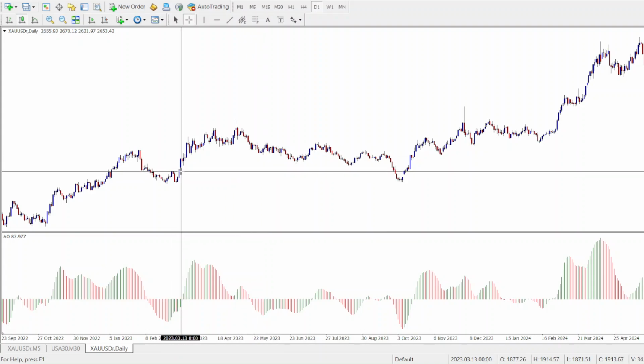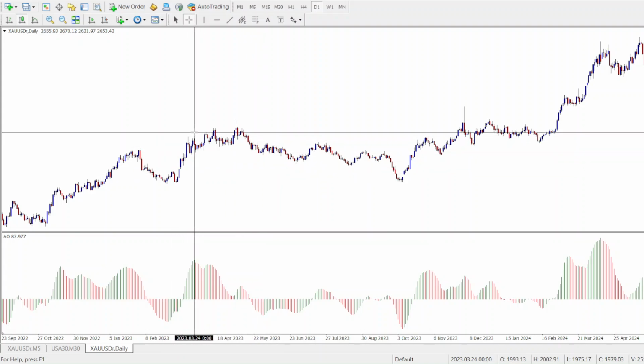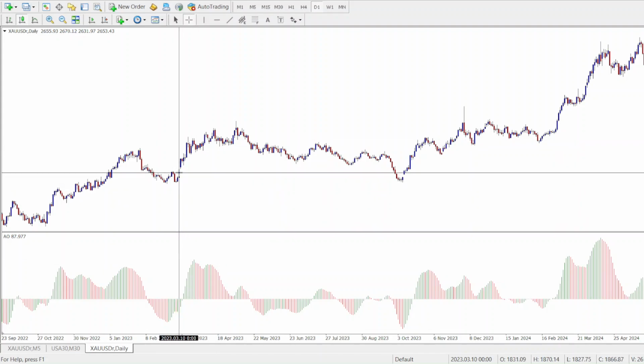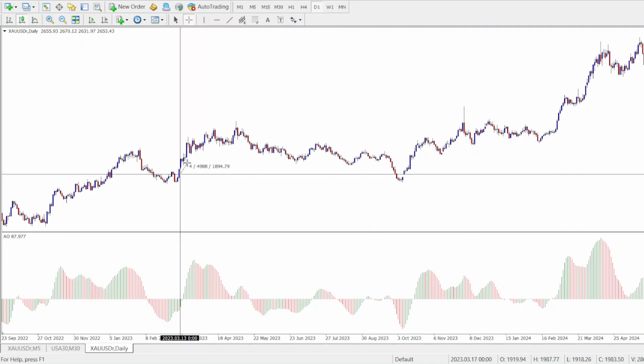So had we entered a buy trade here and exited around here after the formation of this red line, we would have caught somewhere around 1600 pips. Yes, somewhere around 1600 pips.